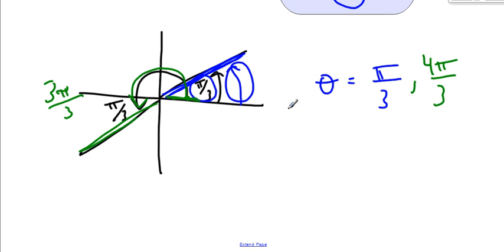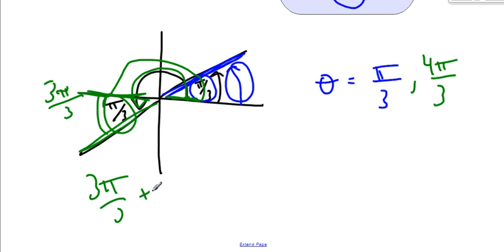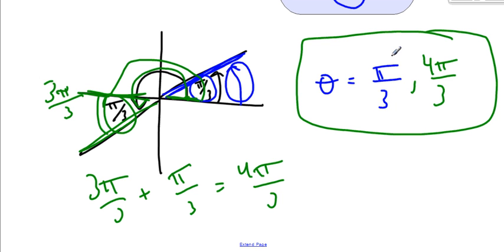See how I'm not worried about common denominators? I'm just thinking about pieces. It's one piece, two pieces, three pieces to get here, one more piece, and each piece is called pi/3. So 3 plus 1 is 4, so 3pi/3 plus 1pi/3 is 4pi/3. So there are the two answers that lie within one rotation.